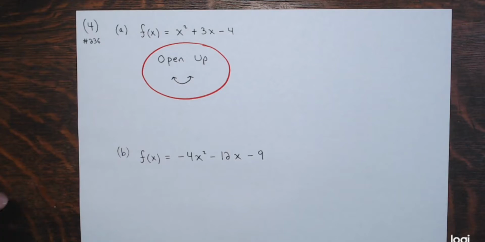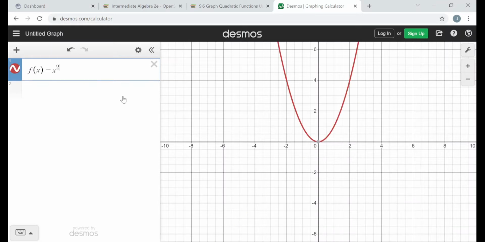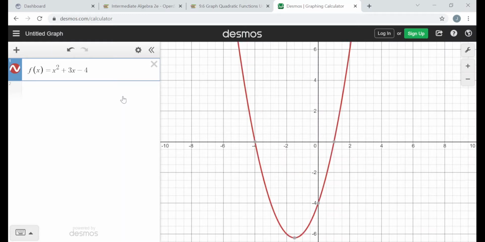That's it. That's all I'm doing. Now I'll show you that it opens up. We'll look at a graph. F of x equals x squared plus 3x minus 4. And you see definitely this red graph that just showed up, a parabola, opening upward. Very, very easy to determine.